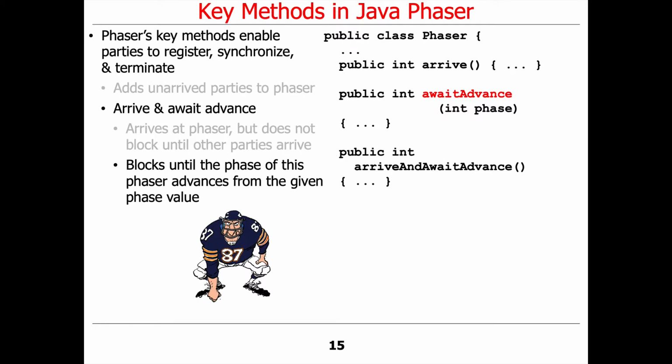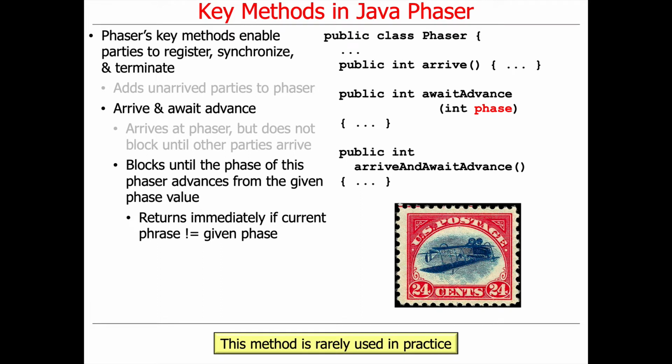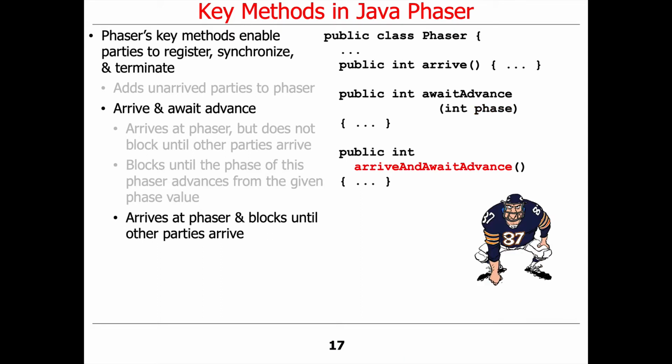There's another method called await advance, and this blocks until the phase of this phaser advances from the given phase value. As you can see, the phase value is the one that's passed there. This method will return immediately if the current phase doesn't equal the given phase. This method is also used rarely in practice. Finally, we run across the most common method, which is called arrive and await advance.